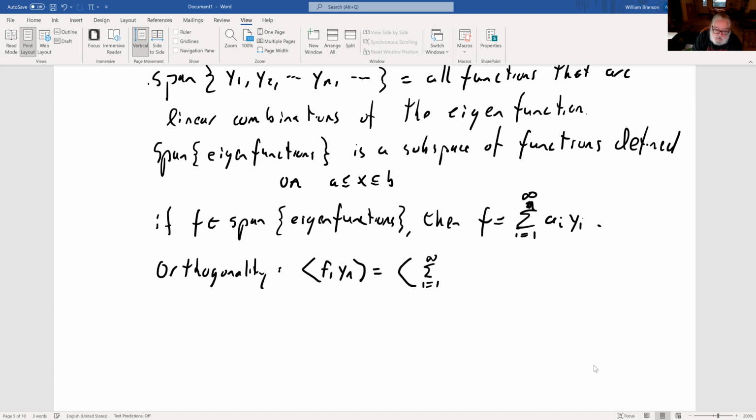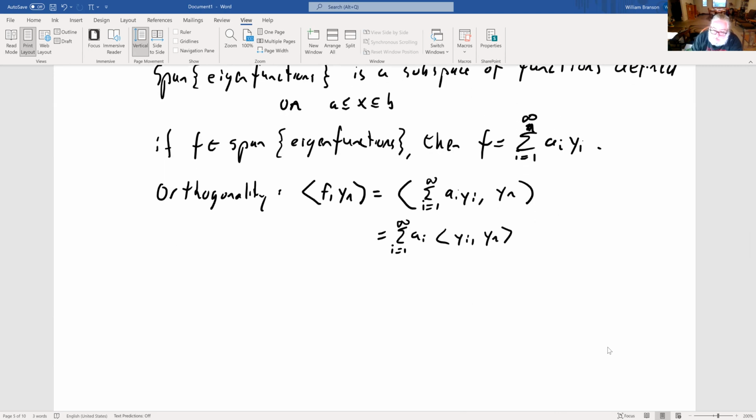It's the sum, i equals 1 to infinity, a sub i y sub i, comma, y sub n. And we know that inner products are linear, so we can rewrite this as a sum of a sub i times the inner product of y sub i, comma, y sub n. And then we know that these things equal 0 unless i equals n. Any two that are different, their inner product is equal to 0. So this whole thing comes down to that.